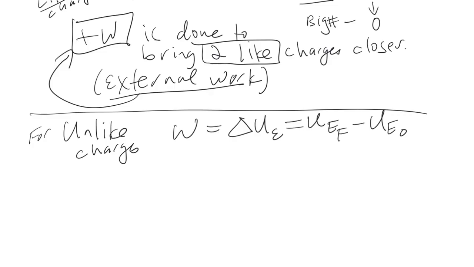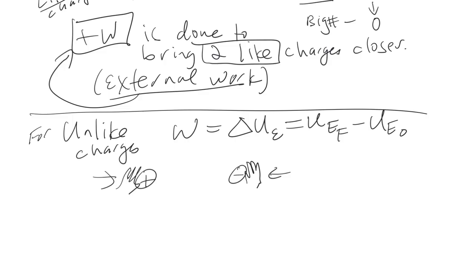But let's see, what if I pull or push two unlike charges together? Now, I really don't do any work when I do that. The electric field is doing work.